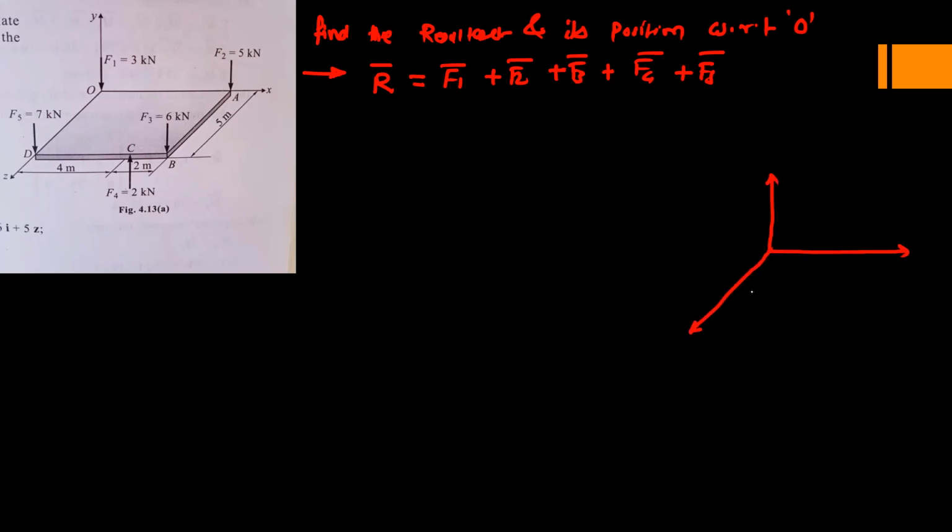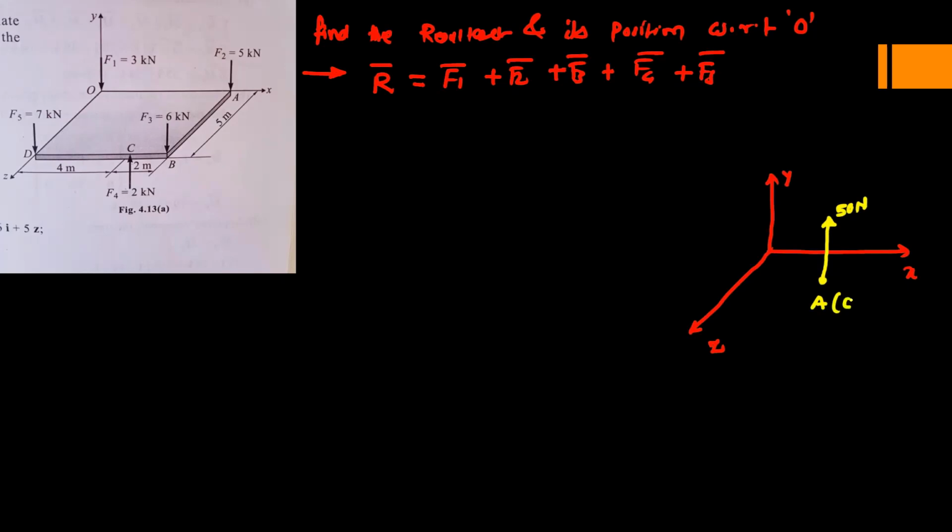Okay, so this is one 3-dimensional space, with X, Y, and Z. And there is one force in this 3-dimensional space which is parallel to the Y axis, like this. Its magnitude is given as 50 Newton, and the force is acting at a point A.